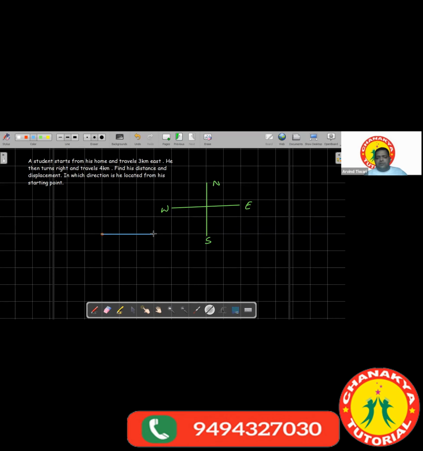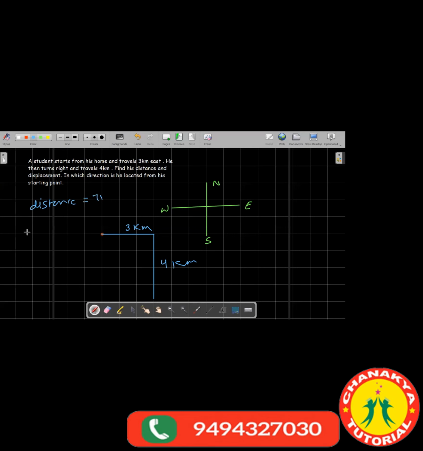So from here, if you turn right, you will go south. So you go here 4 kilometers down. Like this. So this is your 3 kilometers, this is your 4 kilometers, and hence you get total distance as 7 kilometers.